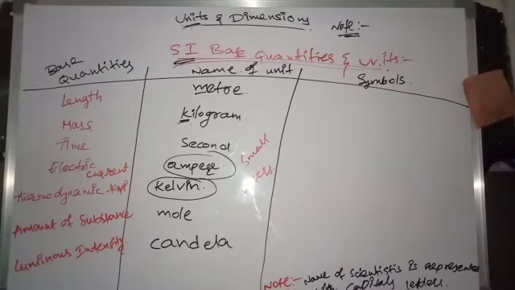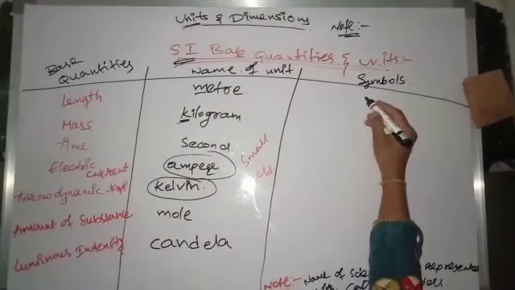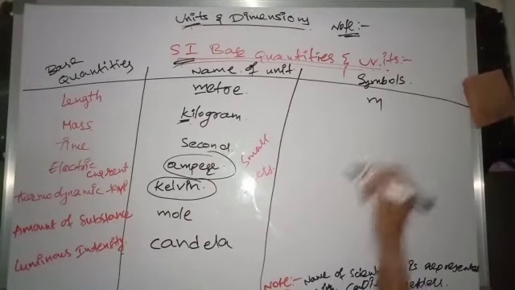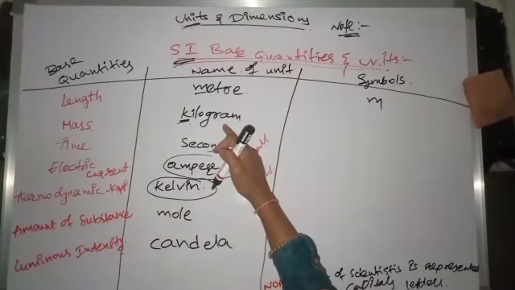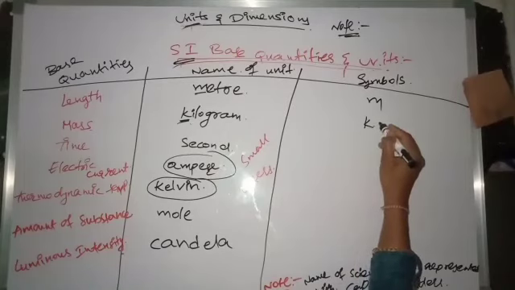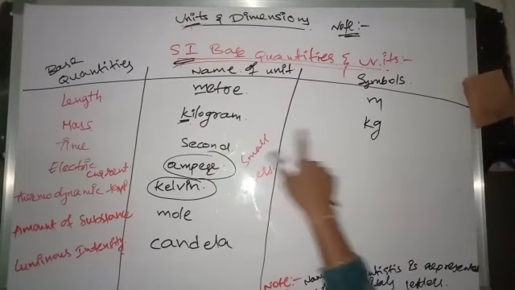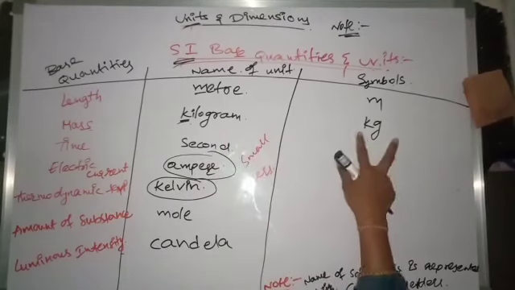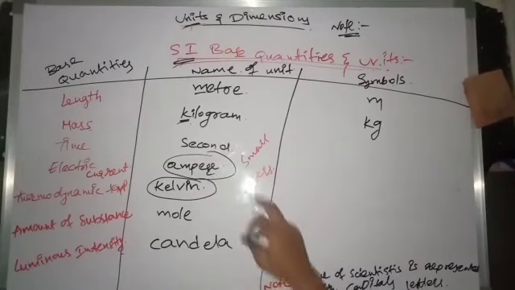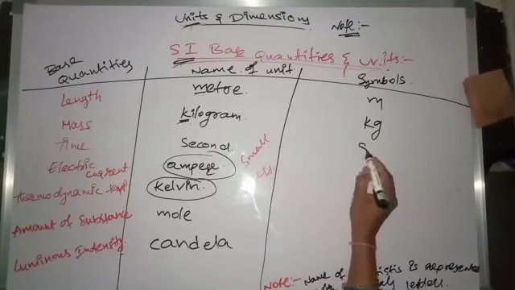So length is measured in terms of meters, and the symbol used is m. And for kilogram, kg is not an abbreviated form of kilogram. Okay, it's a symbol for kilogram. And second, small s.